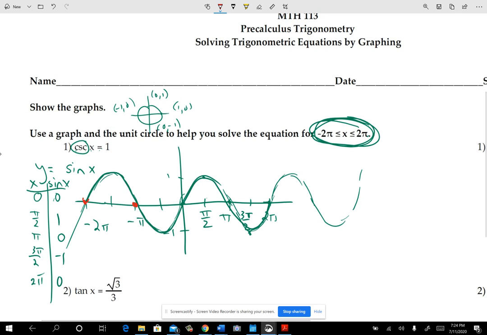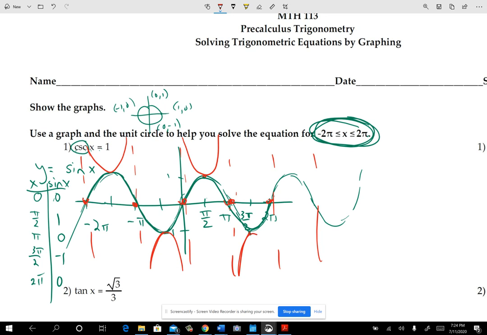Everywhere you have an intercept, you're going to have an asymptote because cosecant is 1 over sine and 1 over 0 is undefined. So these are going to be your asymptotes, and we keep going like that. And then your cosecant graph is going to be on every one of those high points, you're going to have that U shape.